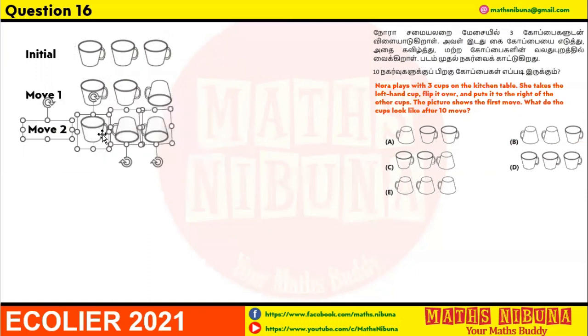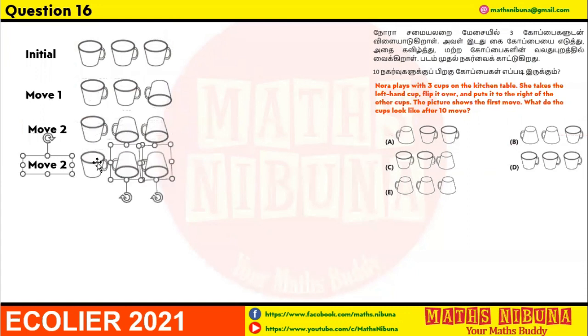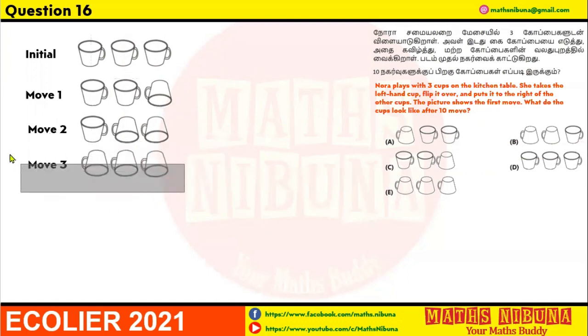Now look at move number 3. What will happen? Maybe you can just draw and see. This one I take, put at the right and flip it. This is move number 3. After 3 moves, I found all the cups are flipped down.